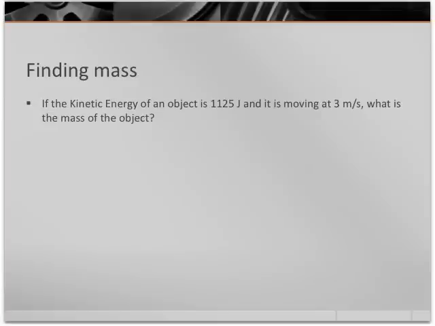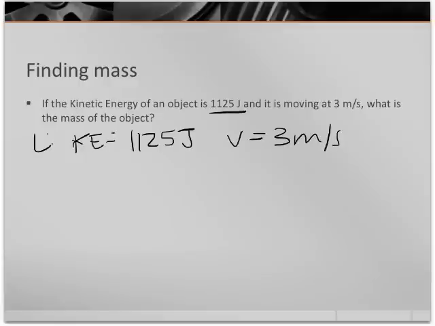So, an example of how you might do this. If the kinetic energy of an object is 1,125 joules and it is moving at 3 meters per second, what is the mass of the object? So we're going to have our knowns, KE equals 1125 joules, and our velocity is 3 meters per second, and it's mass that we want to know. So our equation rearranged for mass is 2KE over v squared. So let's plug that in.